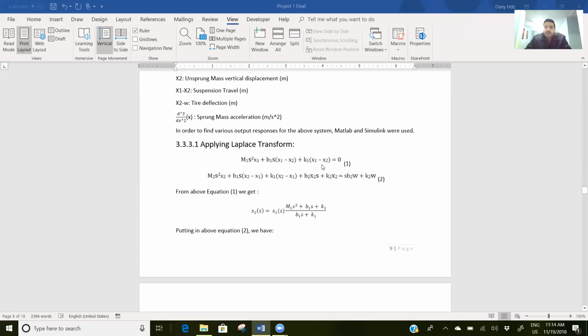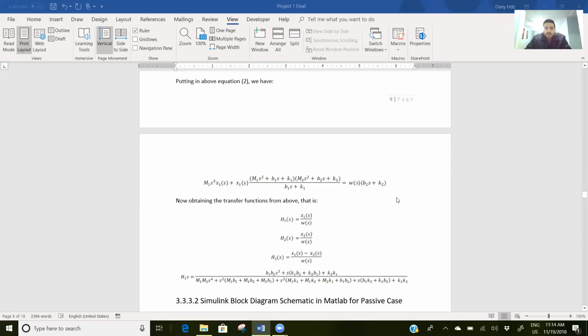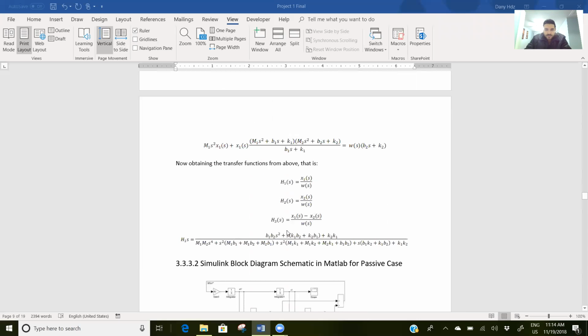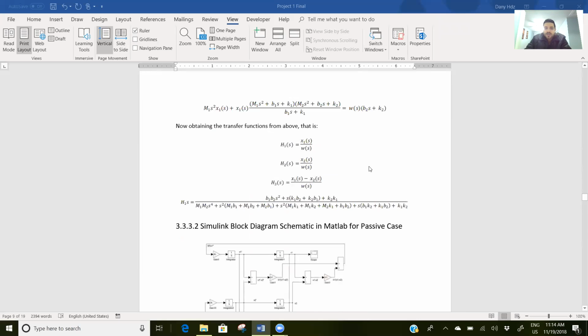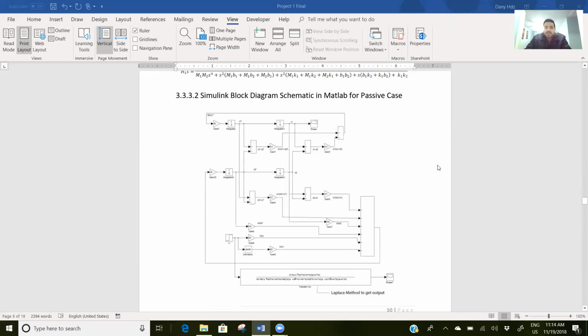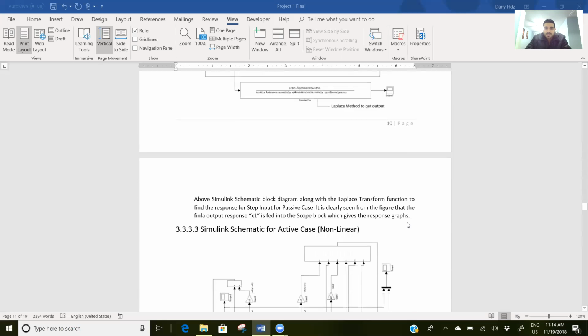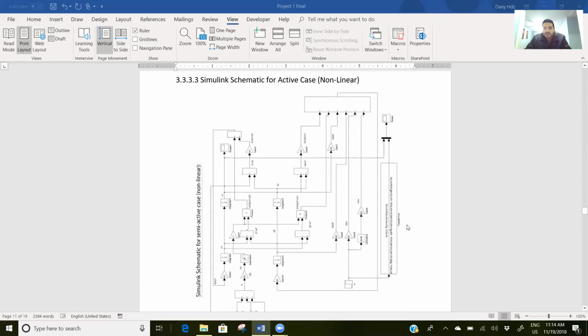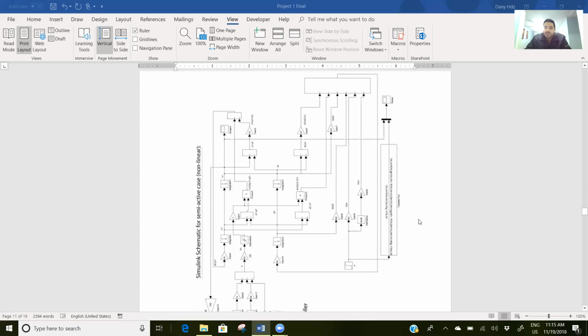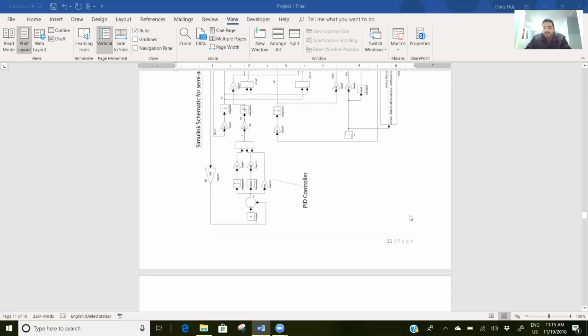Then we apply the Laplace transform to the given equation and get these three transfer functions. Then I did a Simulink block diagram in MATLAB for the passive case, and we have the Simulink blocks for the nonlinear or semi-active case using MATLAB as well.